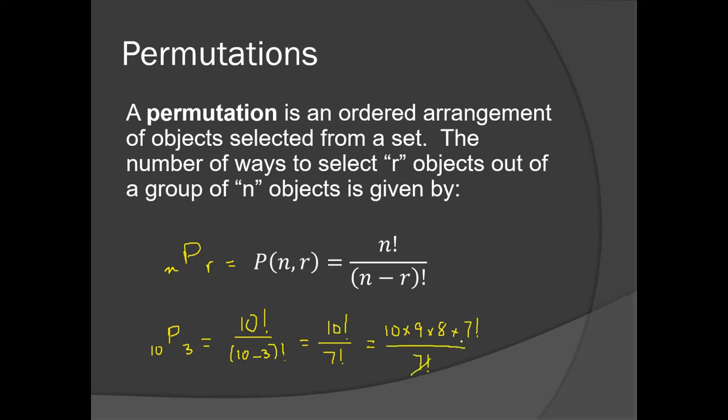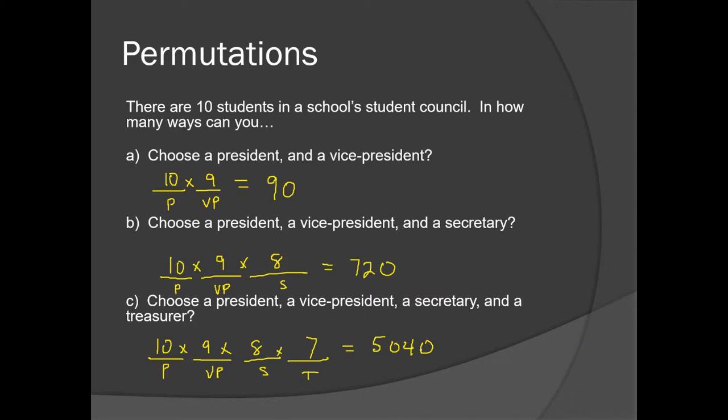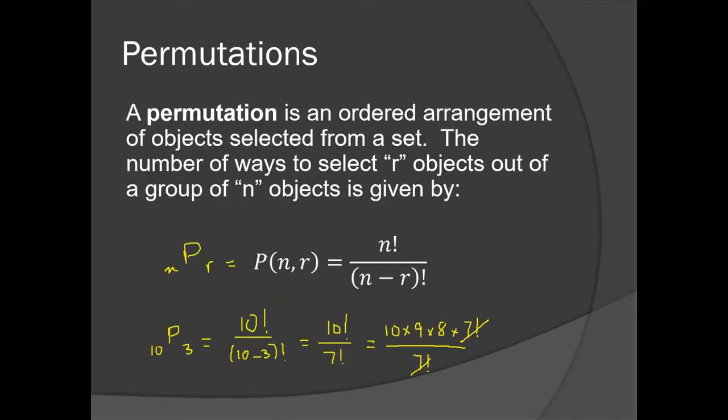And you can see what you're left with is the same calculation we got using the fundamental counting principle. Look, we get 10 times 9 times 8, which is what we get when we set up and use the formula. So we get 720. Another way to evaluate things like 10P3 by hand is to set up 3 blanks. If it's 10P3, you're going to start with 10.